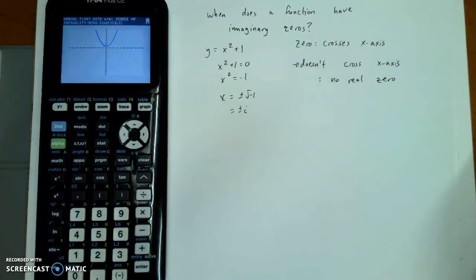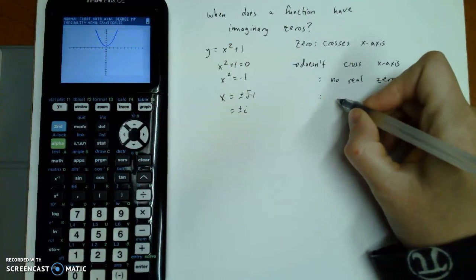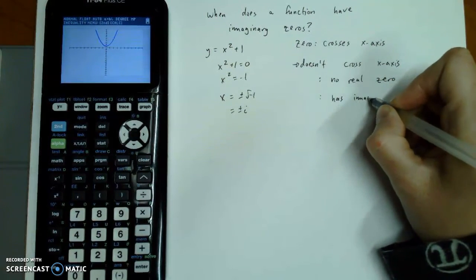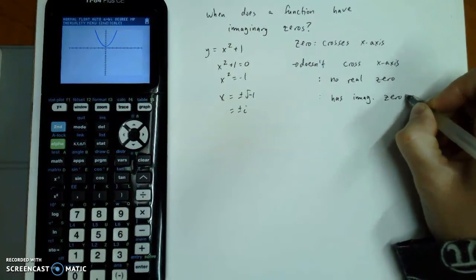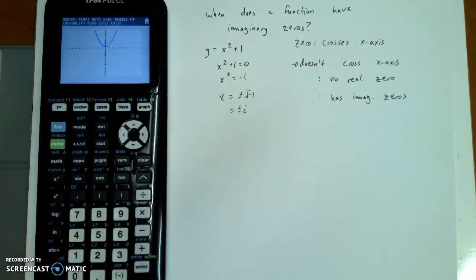Now most of our functions are going to have a zero, at least in this level of class I'm making this video for, so I am going to interpret that to mean that this has imaginary zeros instead.